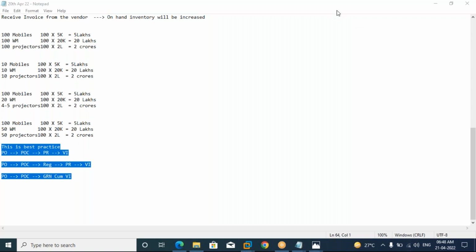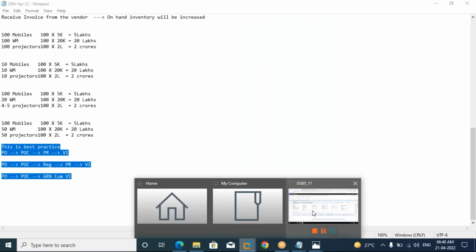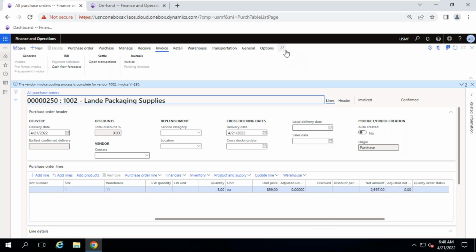And whenever you have a screenshot, you can post that screenshot in the group. We have a WhatsApp group already. So in the group, please post the screenshot so that everyone can understand. My suggestion is to give the complete full screenshot.